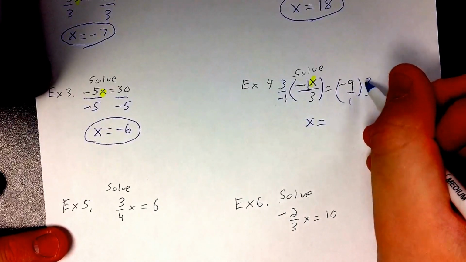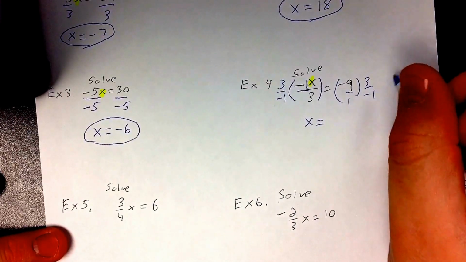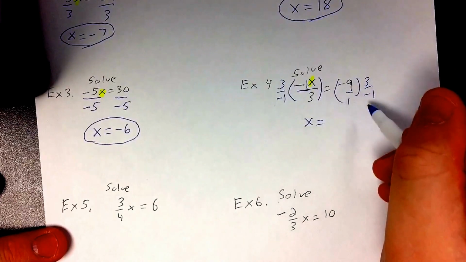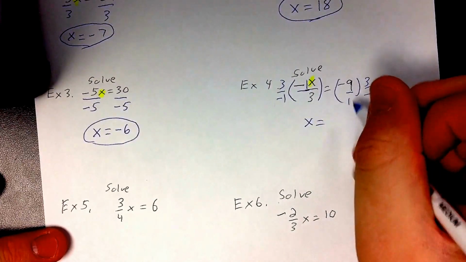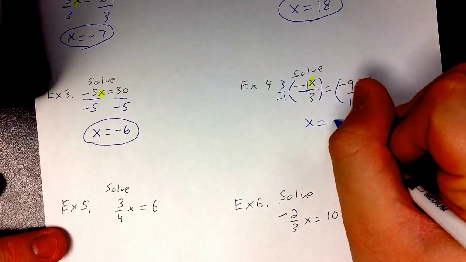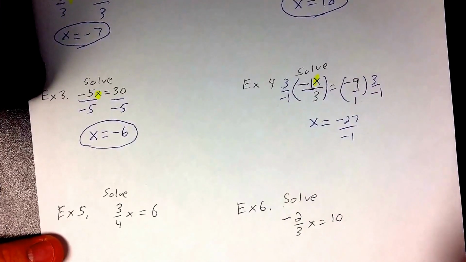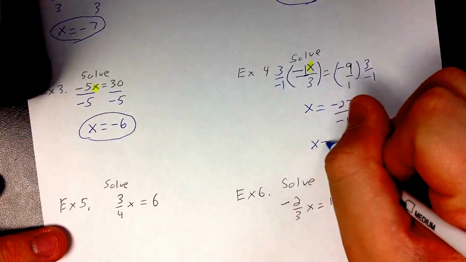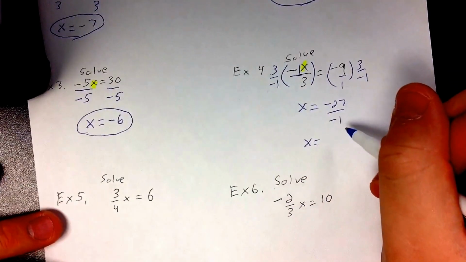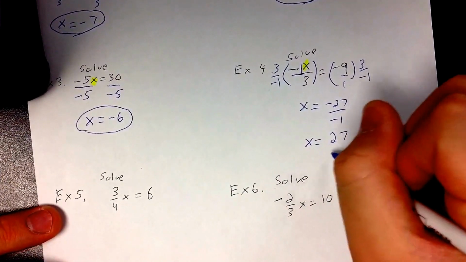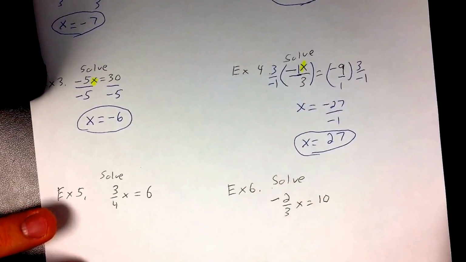Negative 9 over 1 times 3 over negative 1, when we multiply fractions, we multiply straight across. So negative 9 times 3 is negative 27. 1 times negative 1 is negative 1. So then we do our division rules, and negative divided by a negative is a positive, and 27 divided by 1 is 27.